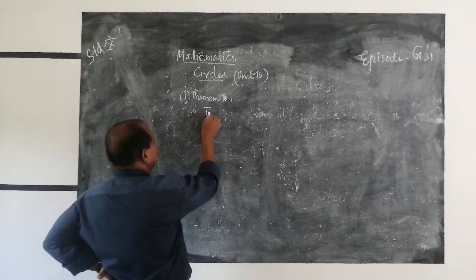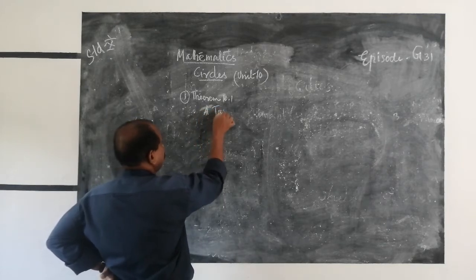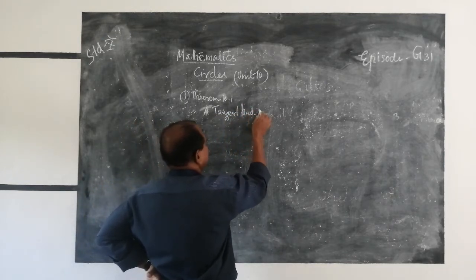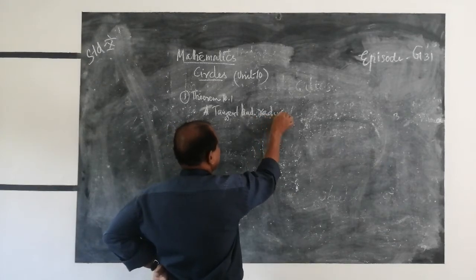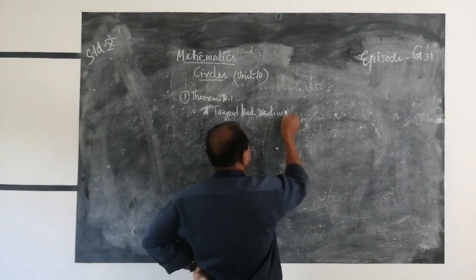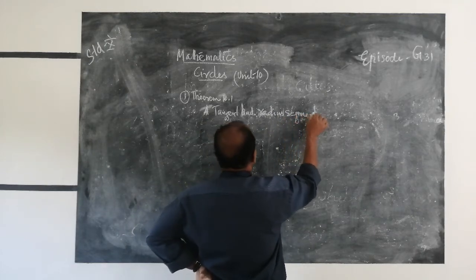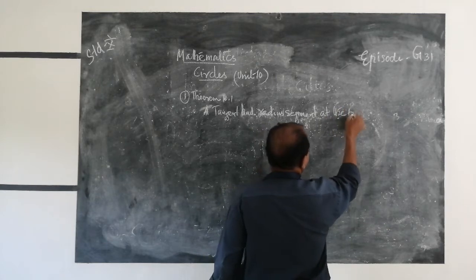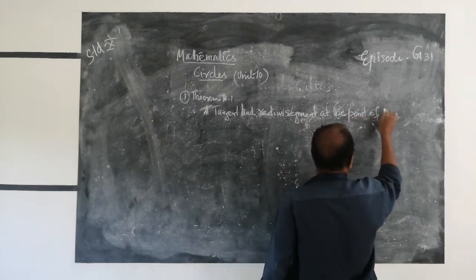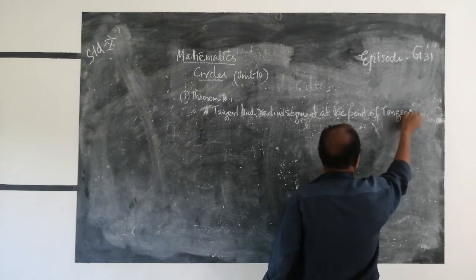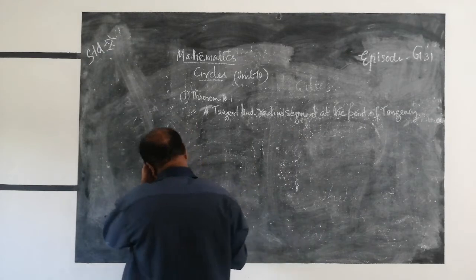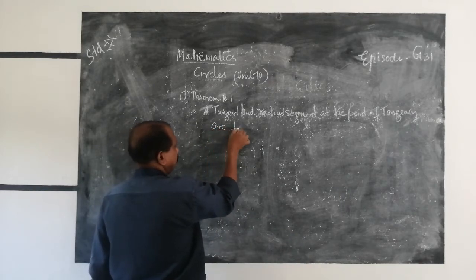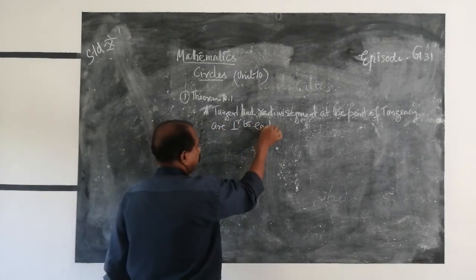A tangent and the radius segment at the point of tangency are perpendicular to each other.